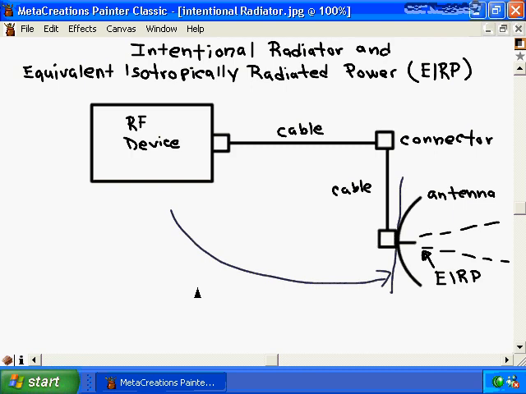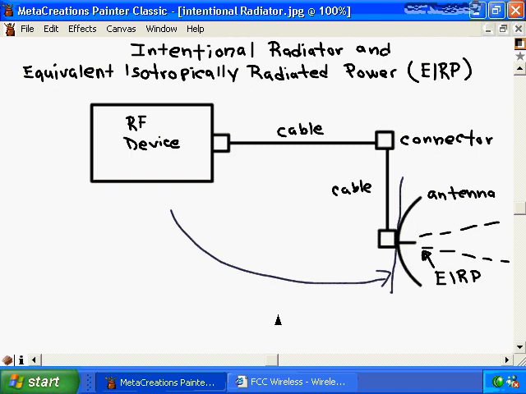Well, wireless LANs are unlicensed radio frequencies, and to remain unlicensed, wireless LANs have to ensure that the total output of power, which includes the intentional radiator and the EIRP, is within the FCC rules regarding power output of wireless LANs.